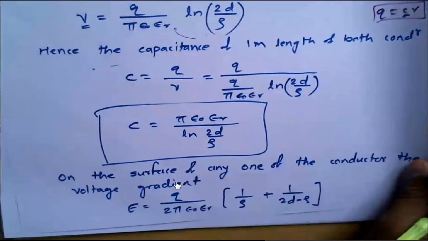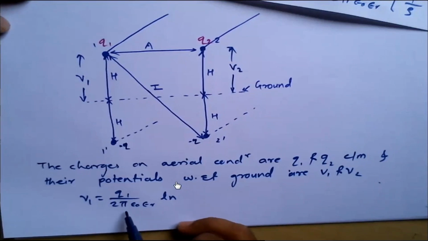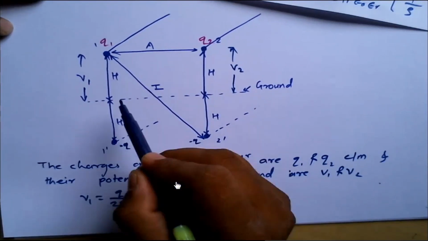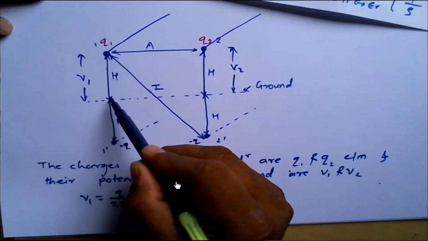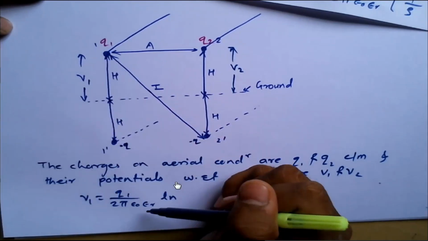So the equation I just wrote: V1 is equal to Q1 upon 2 pi epsilon 0. Why 2 pi? Because it is with respect to ground. If we consider between these 2 points, it would have been just Q1 upon pi epsilon 0 epsilon r.